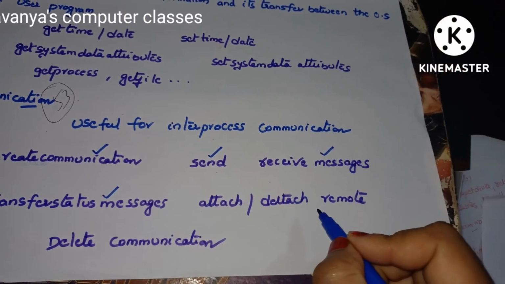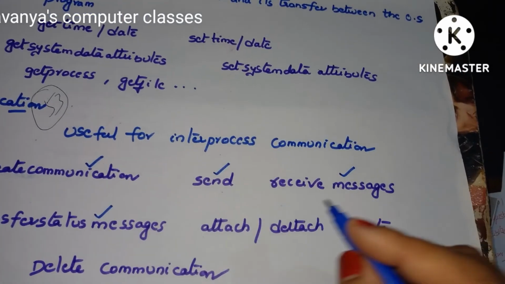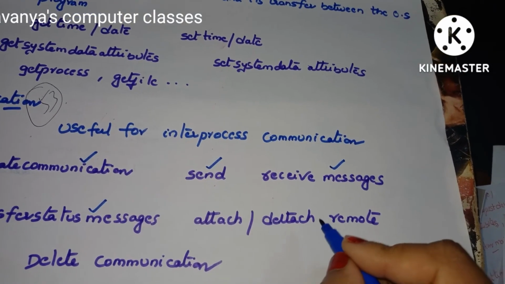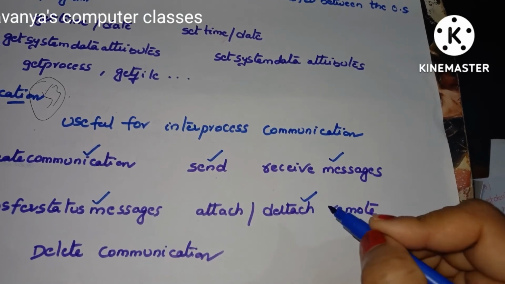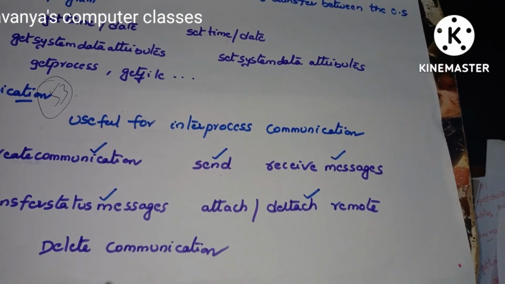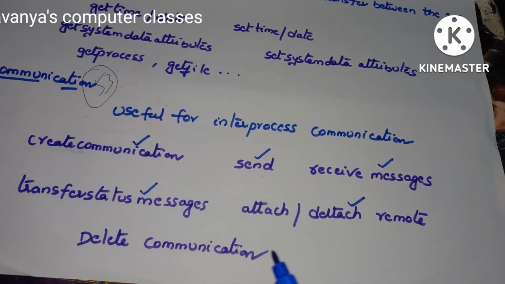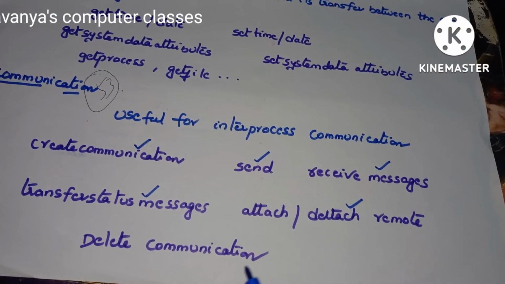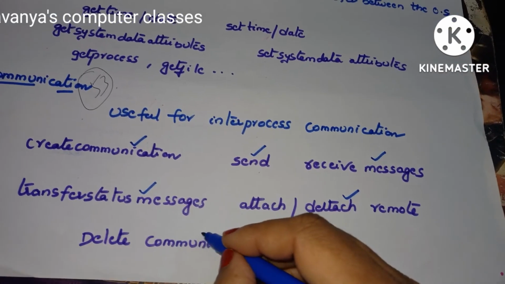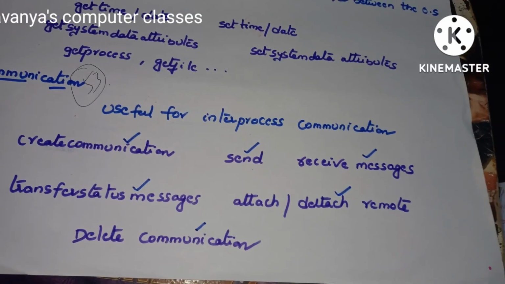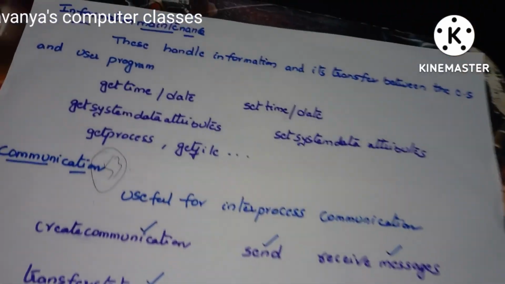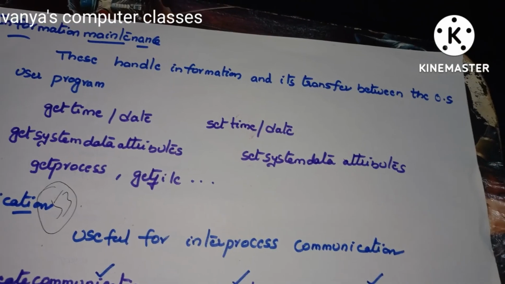And similarly, we can attach or detach devices or remotes for communication, and for that we need these system calls. Once the communication is over and we have transferred the information, we want to delete the communication, so we need one system call, called the delete communication system call. So these all are the different categories of system calls.